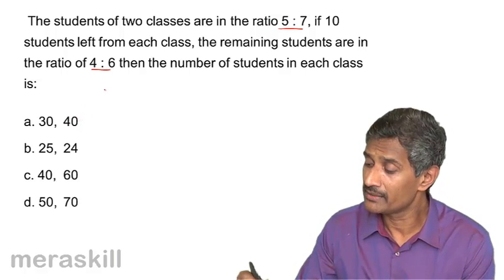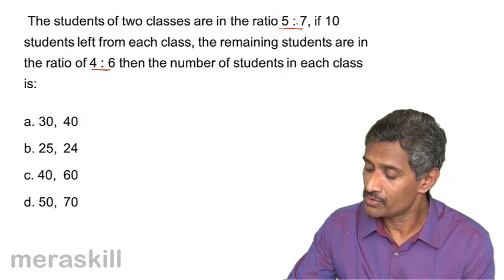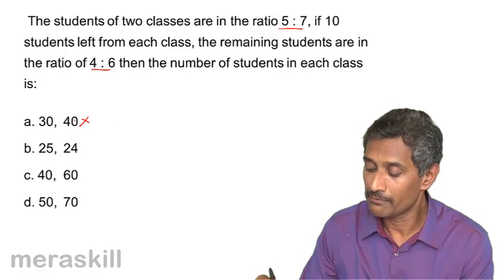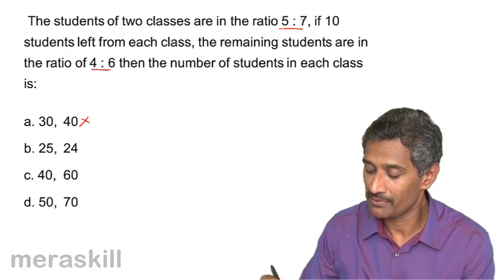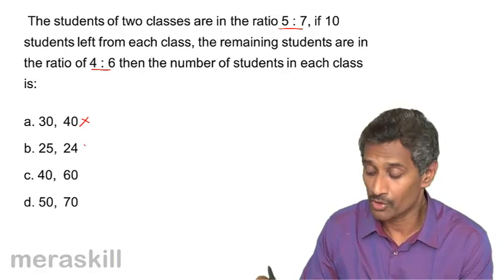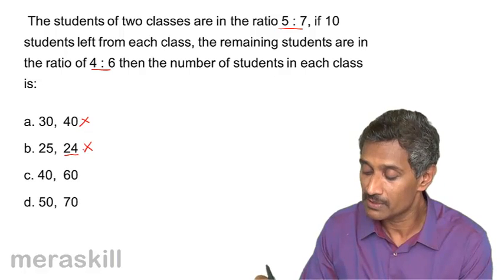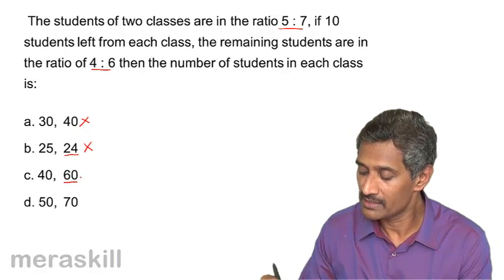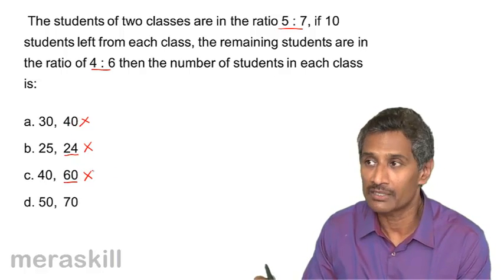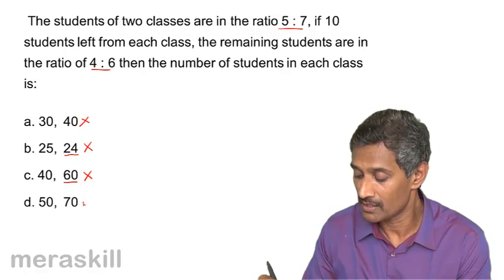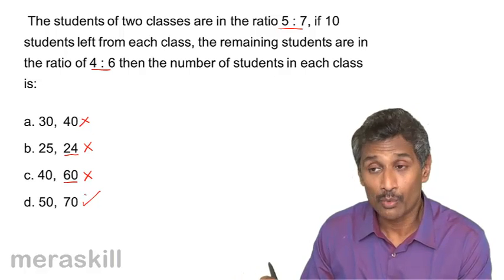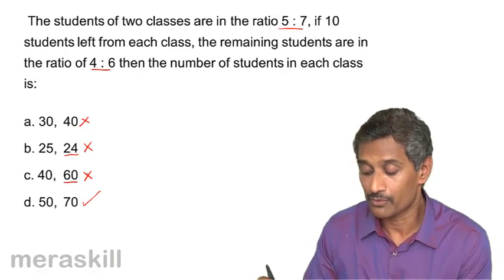Now, if you're taking them as 5:7, the original numbers cannot be 30 and 40 because 30 and 40 is not divisible by 7. About this also, 25 and 24, it's not possible because 24 is not divisible by 7. 40 and 60 is not divisible by 7. So among these three, A, B and C are definitely not the option. So obviously 50 and 70 will be the option. If there was a case of none of these, we may have to check any other option.